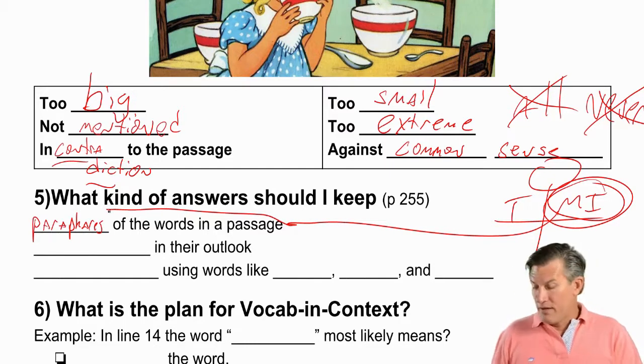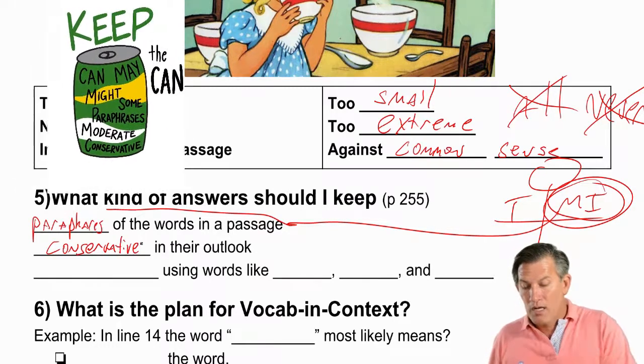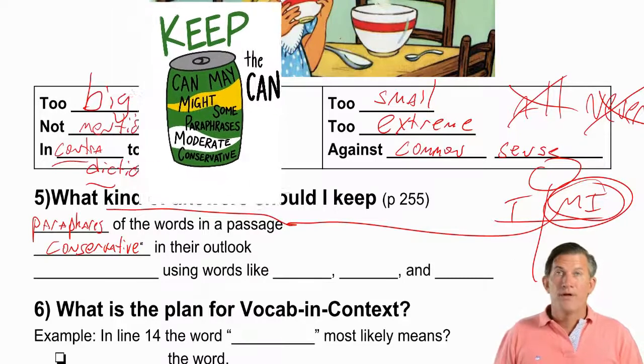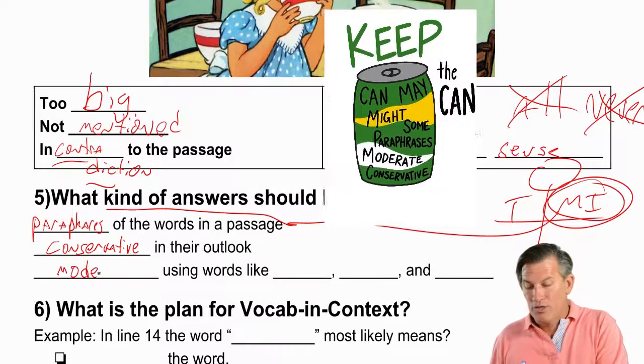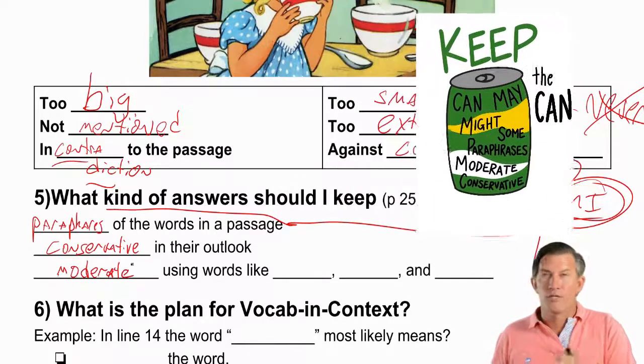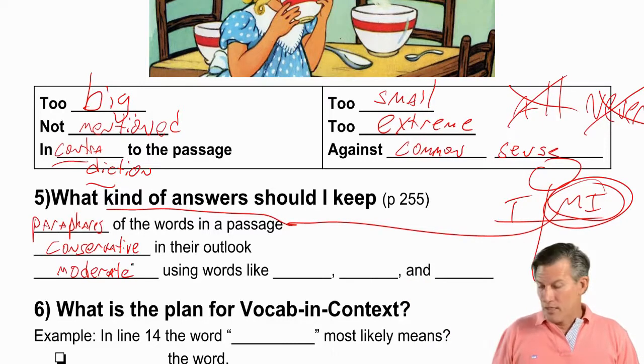All right, if they're conservative in their outlook, they're non-extreme. This is not politically, but just that they're moderate. They don't say too much in one direction. They're sort of in the middle. We don't like extremes in America. Extremes are dangerous.